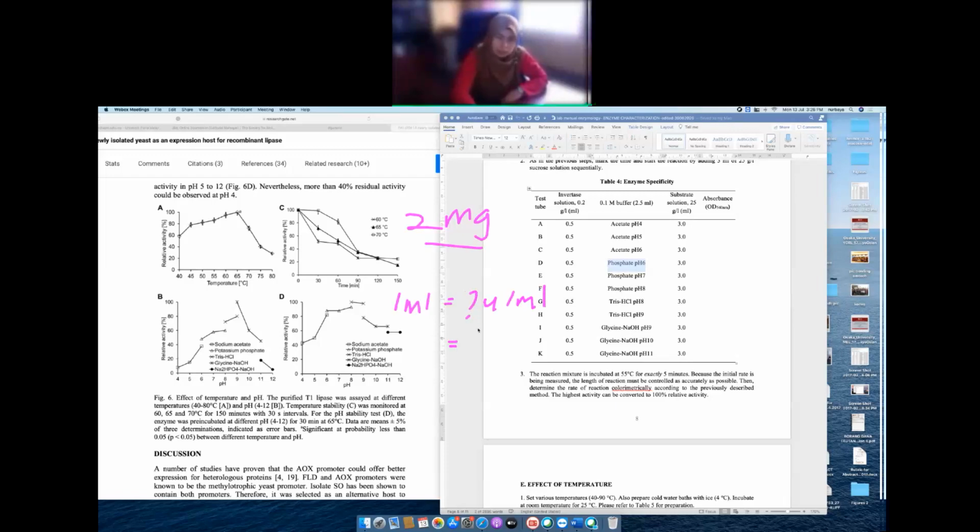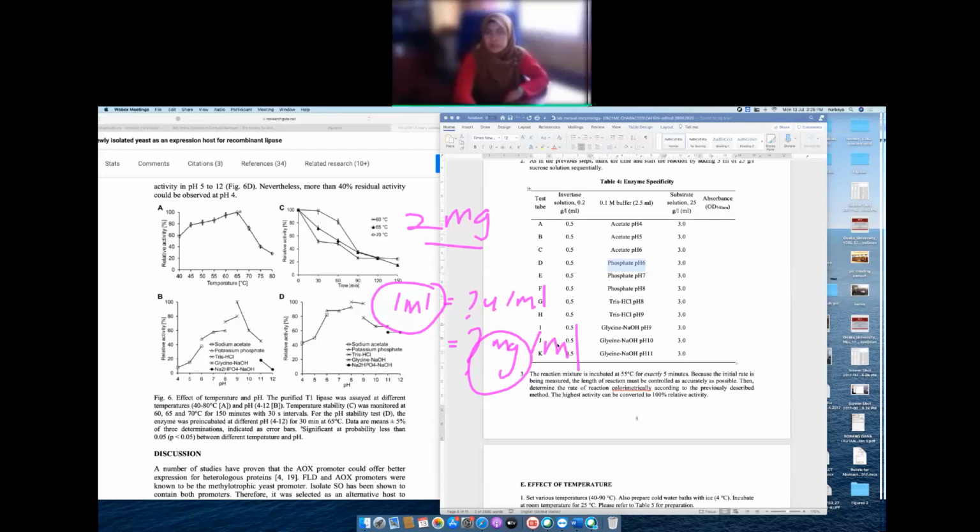And then how many milligram per mil? So, 1 mil is really subjective. So normally we will standardize using the milligram of protein, the amount of protein we use for this experiment.